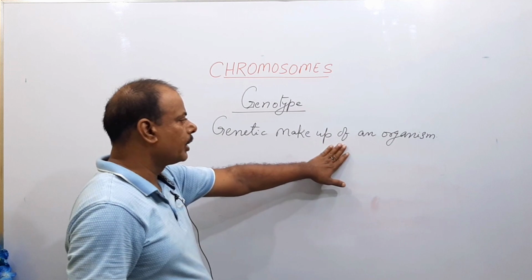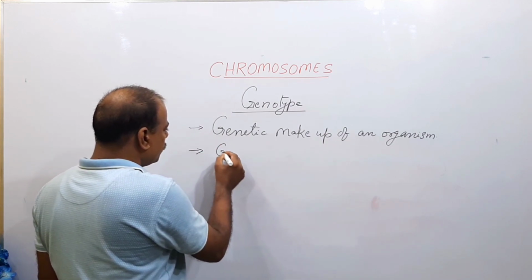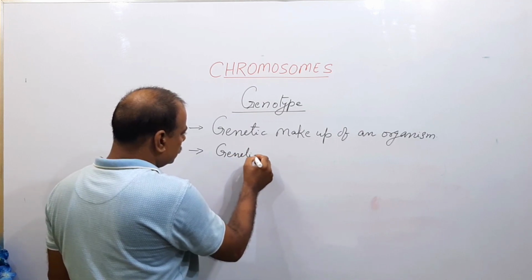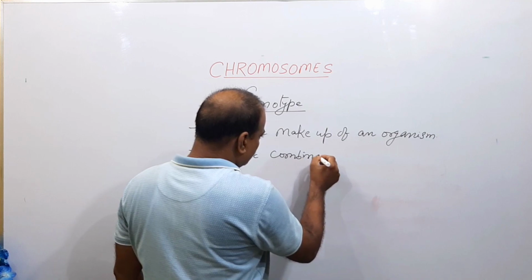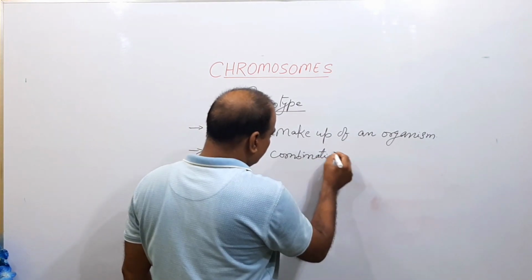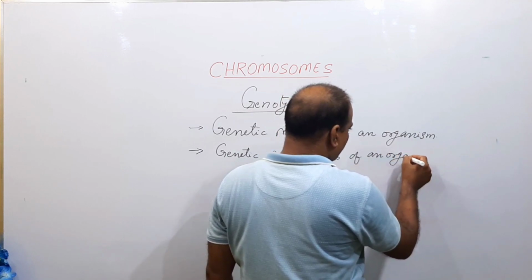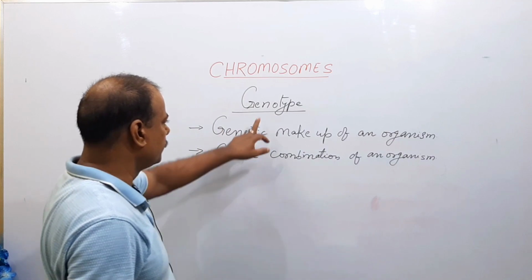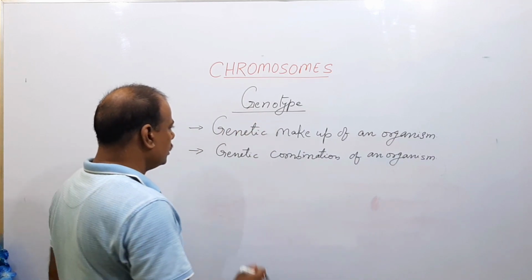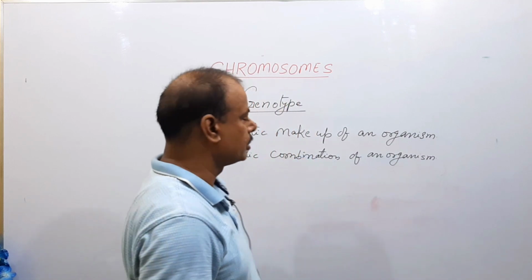Genetic makeup of an organism, or you can say genetic combination of an organism is known as genotype. Means it is the set of genes present on the chromosomes.